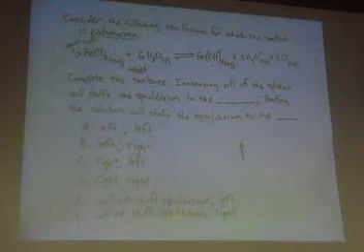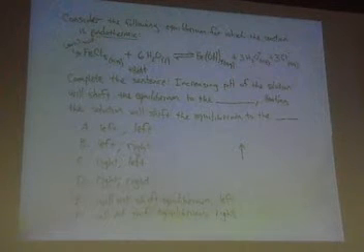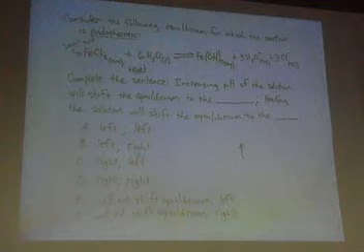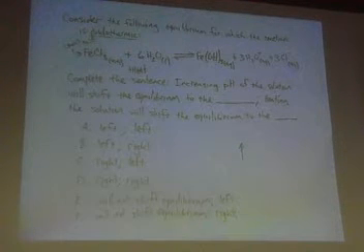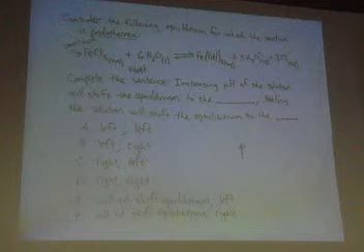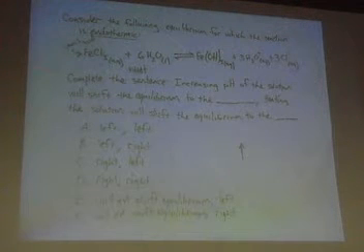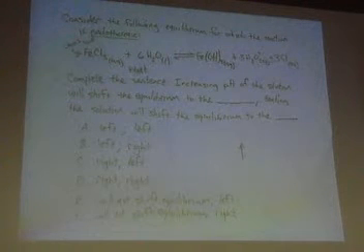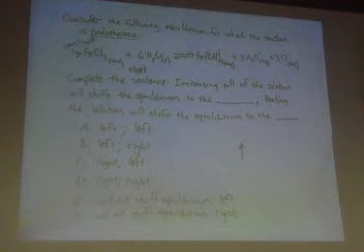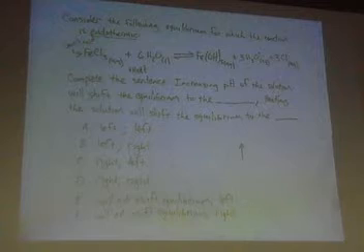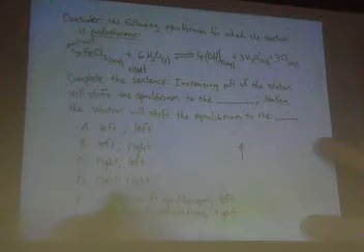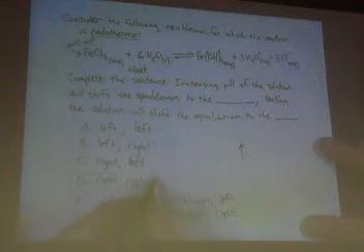If you're adding heat, you're essentially adding reactant, putting more reactant into the equilibrium, and it's going to shift to compensate to make more product, so it shifts to the right again. So the answer here is D, to the right and to the right.